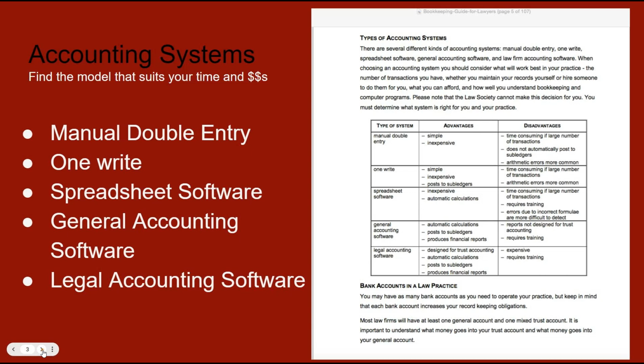Starting with a very simple yet time-consuming manual double entry system, we've evolved to a point today where we have cloud-based legal accounting software that you can log into from wherever you are in the world.